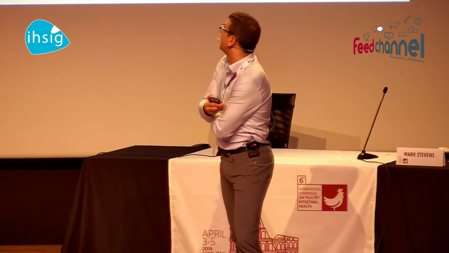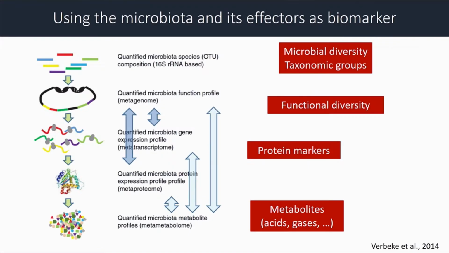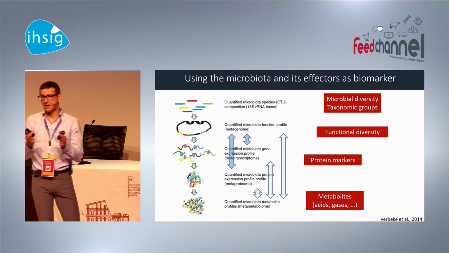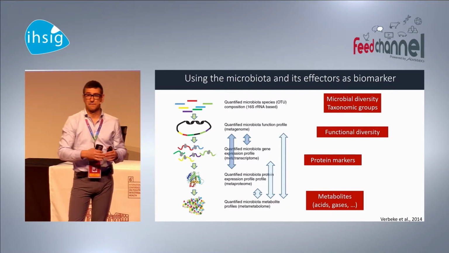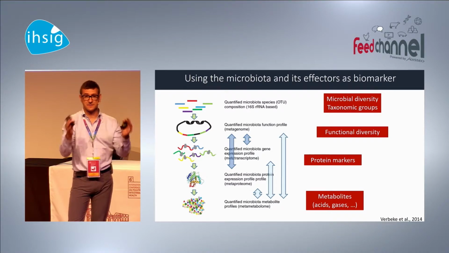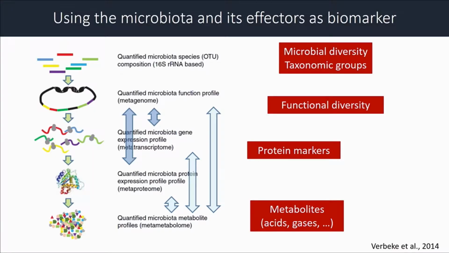So first of all, microbial shifts. If you think about microbial shifts, you think about 16S sequences. This is differences in families, genera, species. You also think about different functionality, meaning functional genes in this microbiome will be changing. You also think about metabolites, bacterial metabolites.